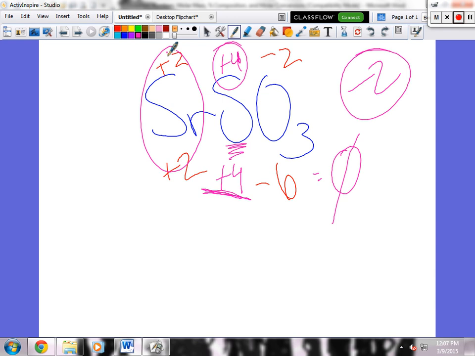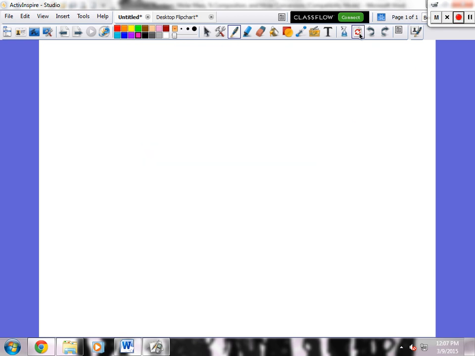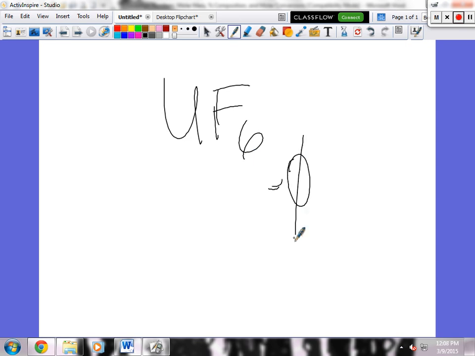Alright, I'm going to do 2 more for you real quick. So this was a little different. UF6. What am I setting it equal to? Alright, still setting it equal to 0. No metal, right? Uranium is not a metal. It's one of those weird actinides that we don't ever really talk about, but we're still going to treat it like we always do. So we're going to say, no, it's not a metal.